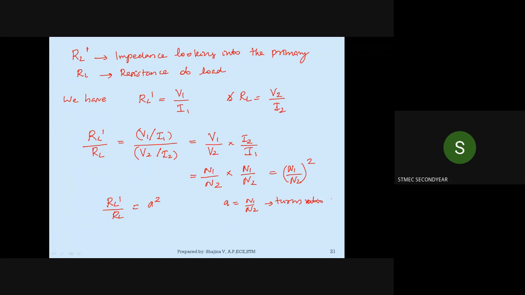So RL dash is equal to A square into RL. This is the impedance relation of the transformer coupled power amplifier, or we can say at the collector terminal, the impedance relation will be like this: RL dash is equal to A square into RL.